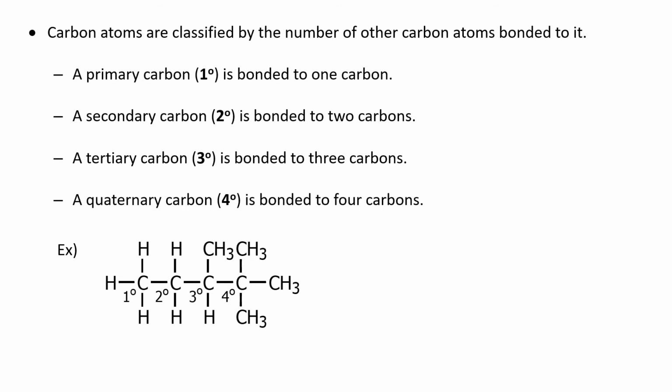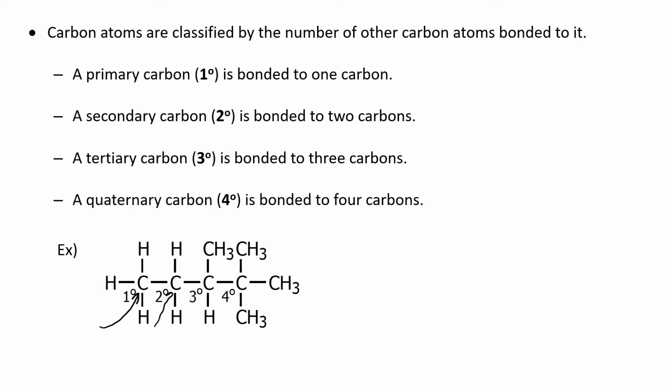Carbon atoms are also classified by the number of other carbon atoms bonded to them. So a primary carbon has 1 other carbon bonded to it. A secondary has 2. A tertiary carbon has 3 other carbons bonded to it. And a quaternary carbon has 4. So let's take a look at our primary carbon. You can see that this carbon is attached to 1 other carbon atom.